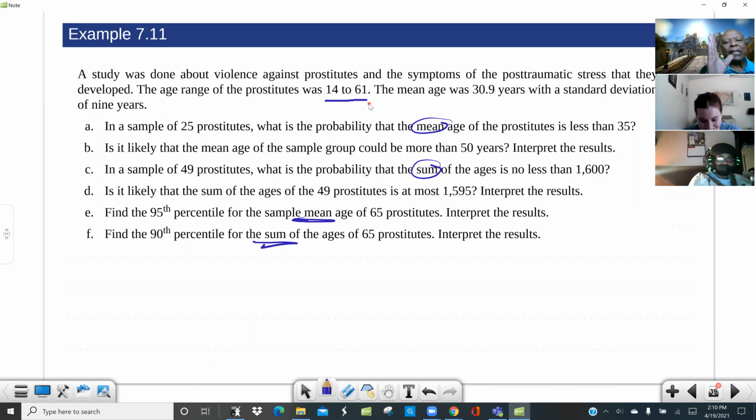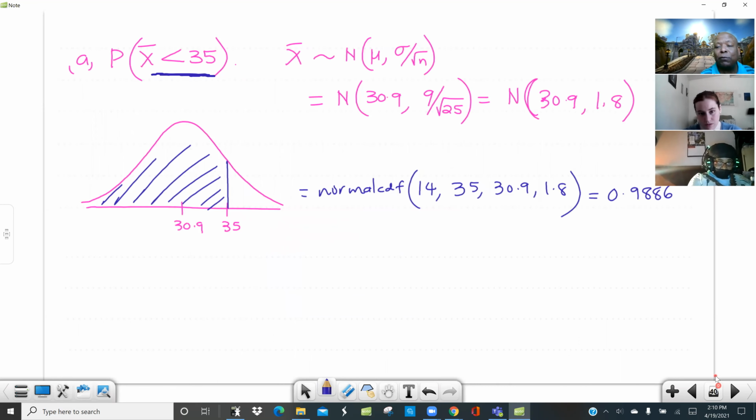But anyway, the range of the individual prostitutes goes from 14 years all the way to 61. But this is saying that if you take groups of 25 prostitutes and find their average ages, 99% of them will have an average age less than 35 years. So this could be necessary, important information to some psychologists or whatever it is that are studying this stuff.